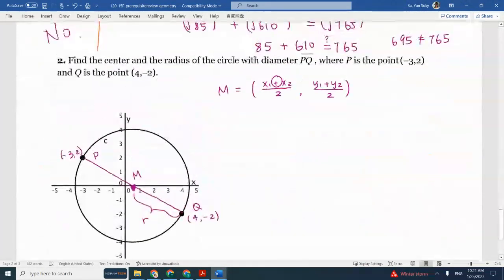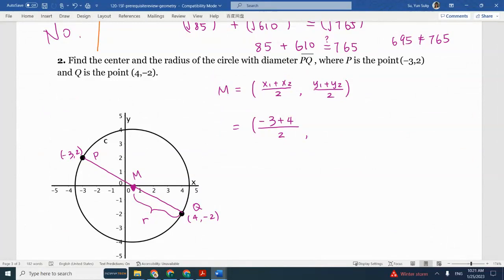Okay, so let's see. x1 is -3, the x coordinate of point P, and x2, the x coordinate of point Q, is 4, divided by 2.